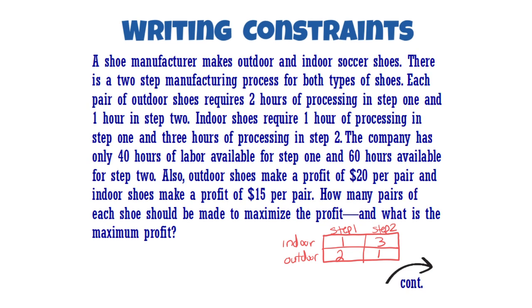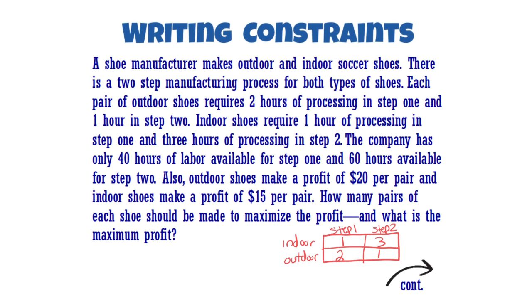So it says the company has only 40 hours of labor available for step 1. So somewhere there's going to be a total column. And it depends on how you set your chart up. There's not a right way or a wrong way. Sometimes you're going to be totaling to the side. Sometimes you're going to be totaling downward.